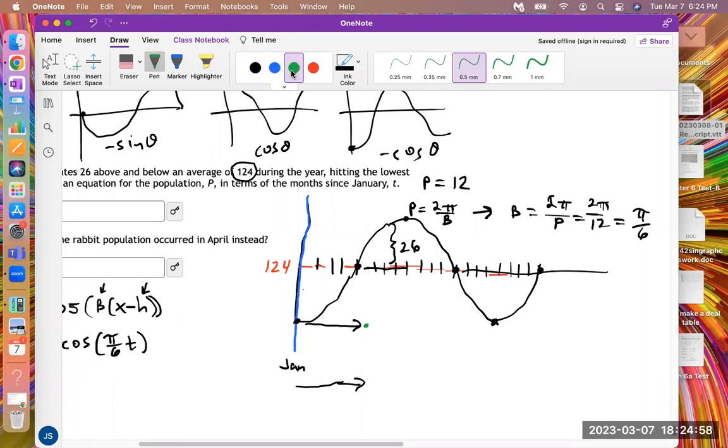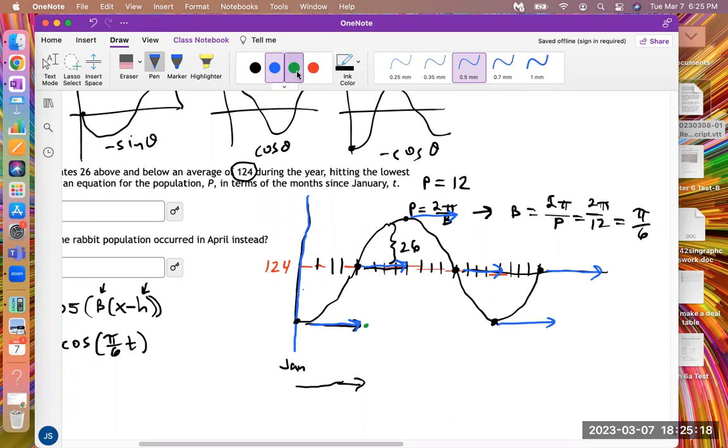I'll use blue here as it got moved 4 spaces. This is going to get moved 4 spaces. This is going to get moved 4 spaces. And this is going to get moved 4 spaces.